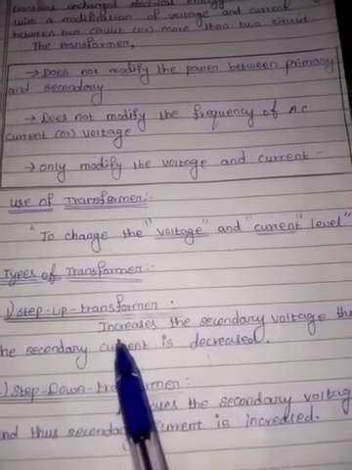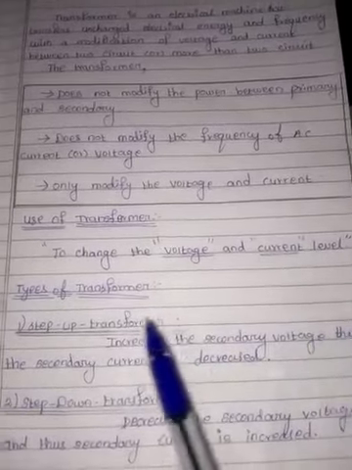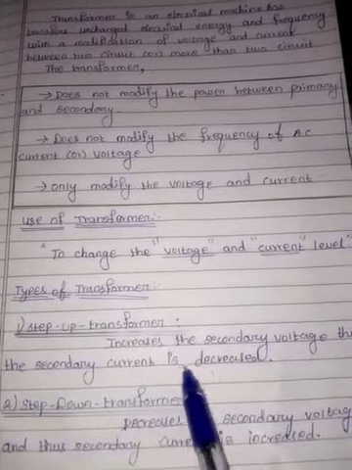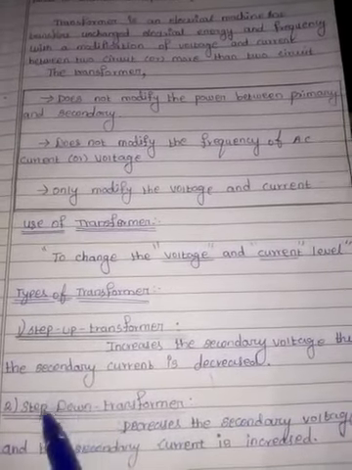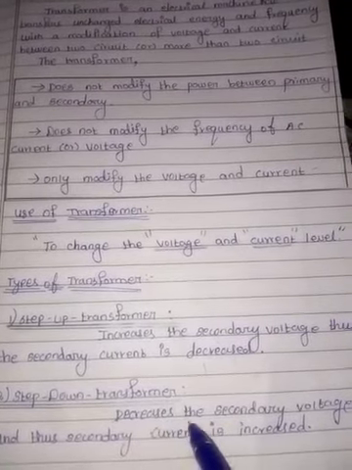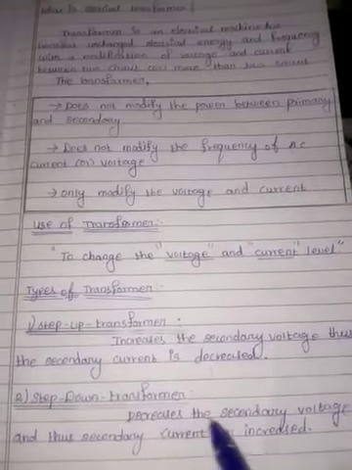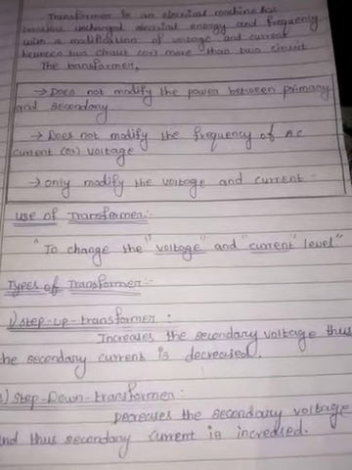The step up transformer increases the secondary voltage, and the secondary current is decreased. The step down transformer is used to decrease the secondary voltage, and the secondary current is increased.